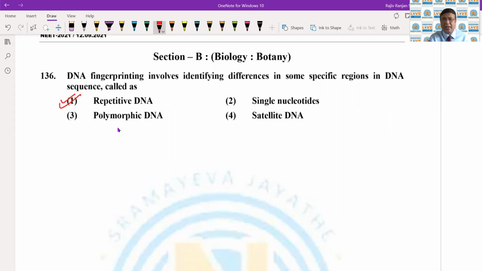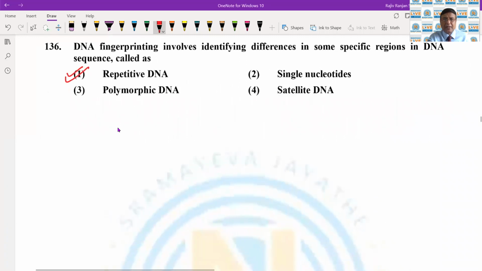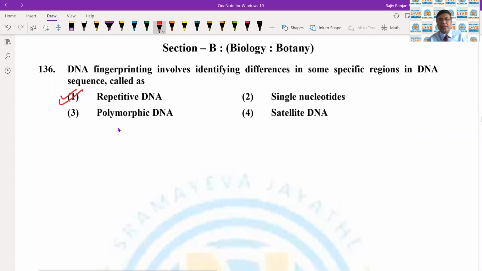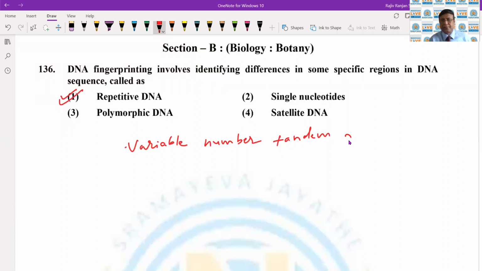DNA fingerprinting is a technique by which we match the DNA of two different sources. Here we don't match the entire DNA, rather we match the presence of specific sequences known as VNTR, the variable number tandem repeats, also known as mini satellites.